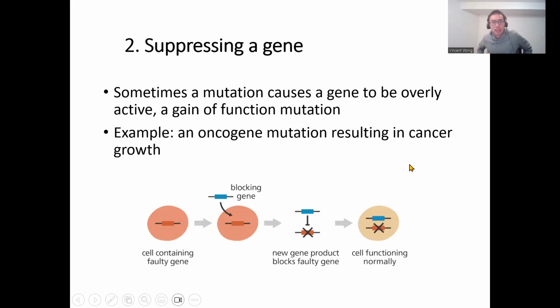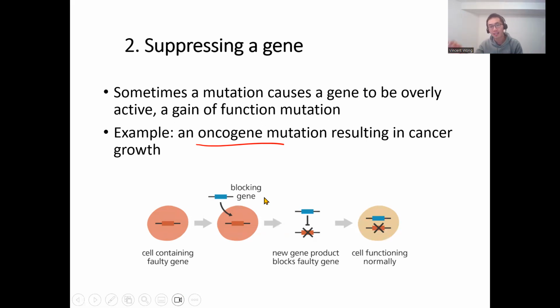Number 2, we can suppress a gene that is unwanted. You remember learning from me the oncogene, right? Oncogene is like that green light that wouldn't turn off. It just keeps on providing growth signal for the cancer to grow. So here we can use gene therapy to introduce a blocking gene.